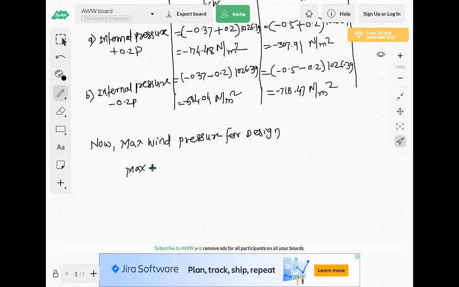So maximum wind pressure is equal to which is maximum? Newton per meter. Wind pressure is in Newton per meter. So out of 8, this 4 plus earlier 4.